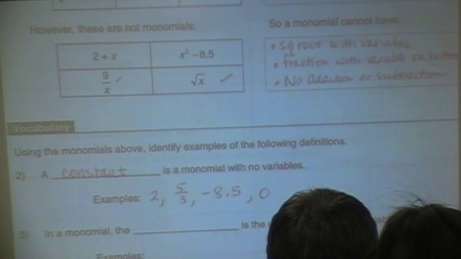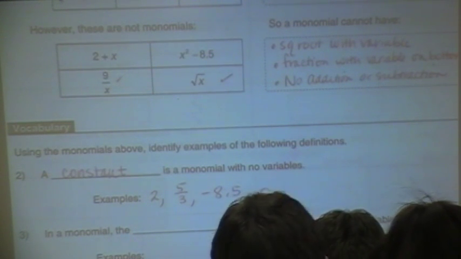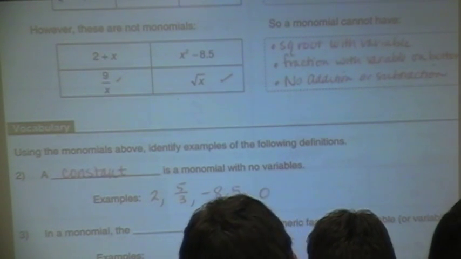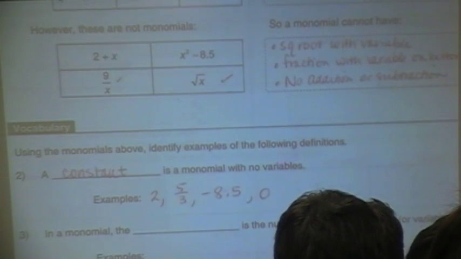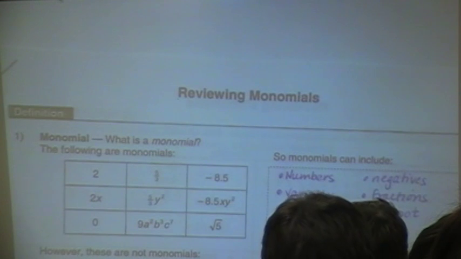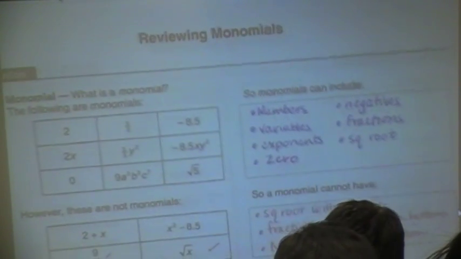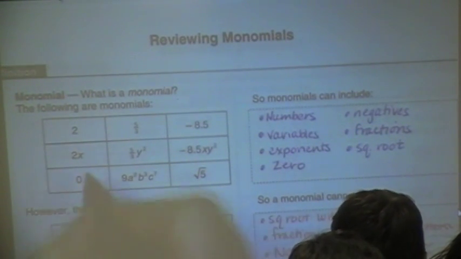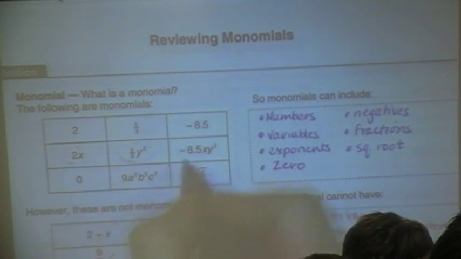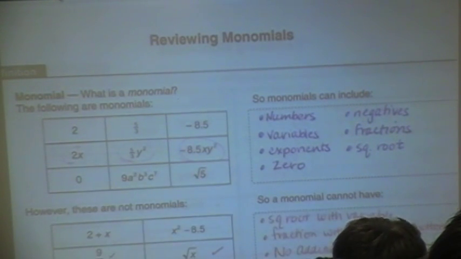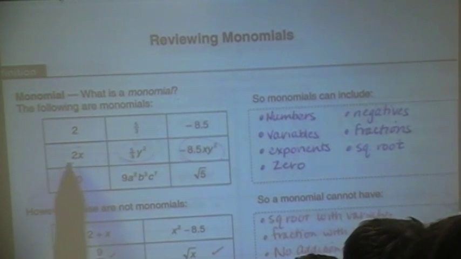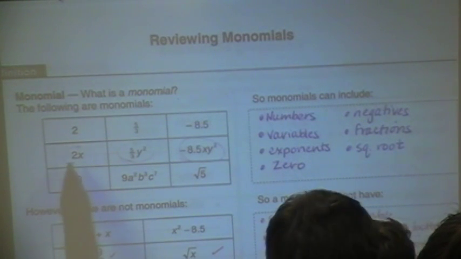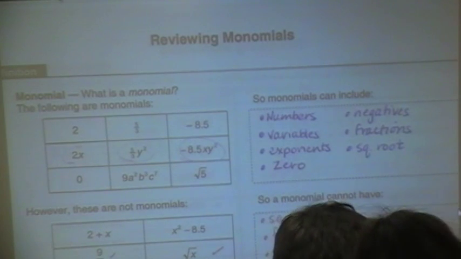Okay, so let's look at a couple of the monomials that we have that have variables. This has a variable, and this is a variable, and this is a variable. And they have a numeric piece, or a numeric factor. I would say the number is like variable. Yes, and what's it called? It has a name. Coefficient. Very good.